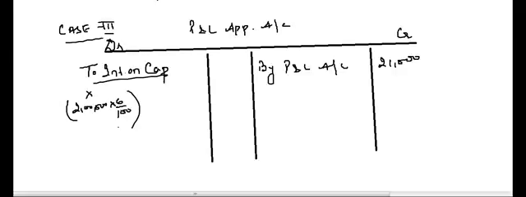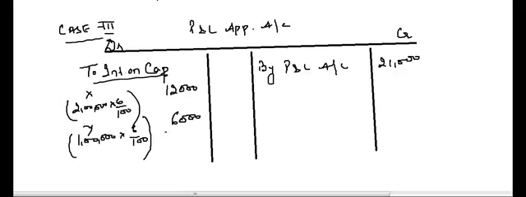This comes to 12,000. For Y, it is 1 lakh into 6%. This comes to 6,000. So the total is 18,000.